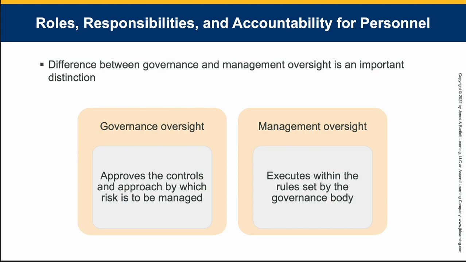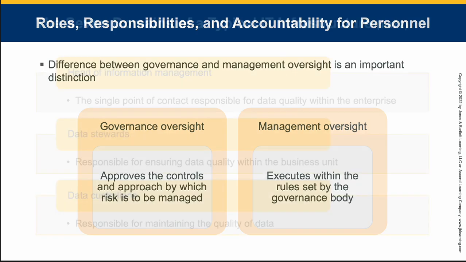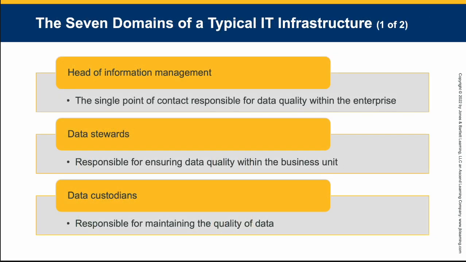Having said that, we have the 7 domains for IT infrastructure. I think we talked about it before. First, we have the head of the IS, the single point of contact. Data steward. He or she is basically in charge of the data.